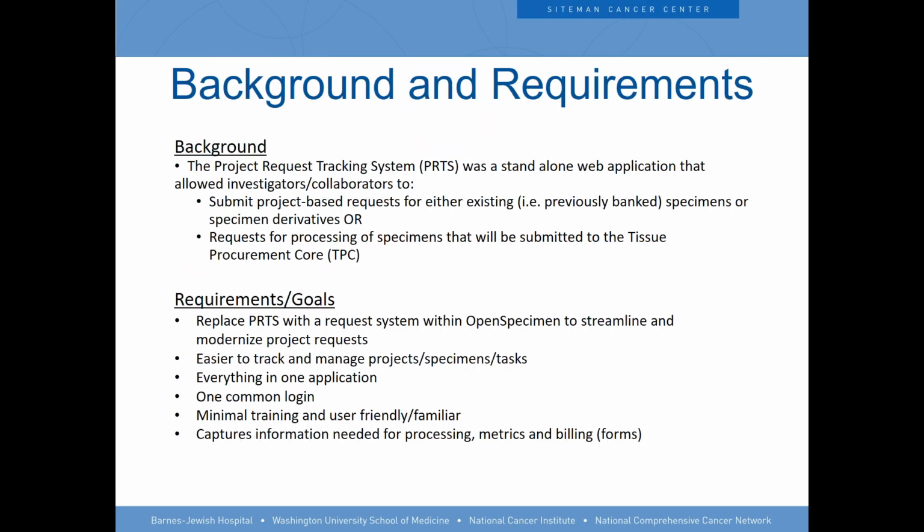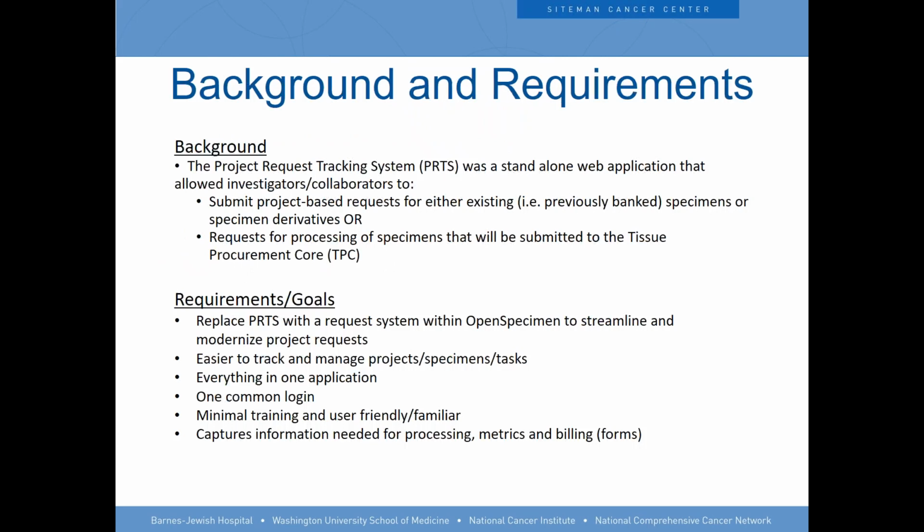And so our goal was to replace this PRTS system with something in OpenSpecimen, so that it could streamline that process, so that the lab knew exactly what that person was requesting. They knew exactly what the specimen label was because it's in OpenSpecimen. Now that covers only half the use cases, because there is the use case of I have these 10 specimens in my area, and I want to bring them to this laboratory for them to do something with.